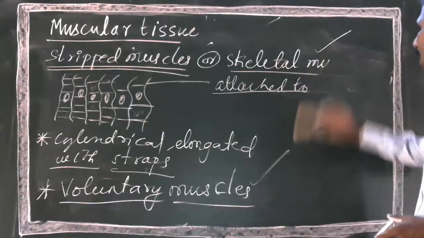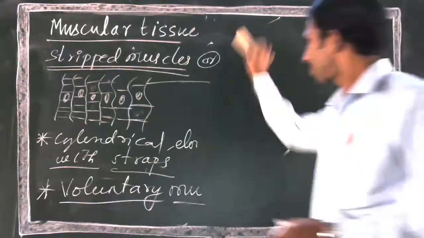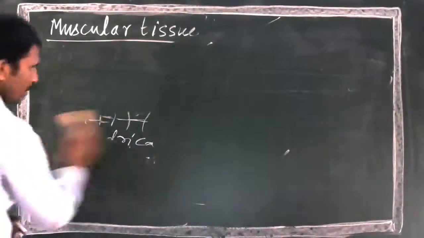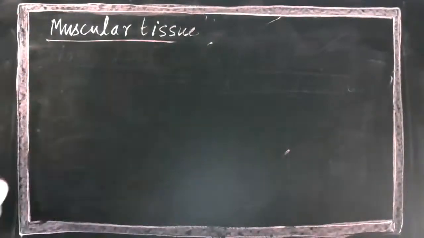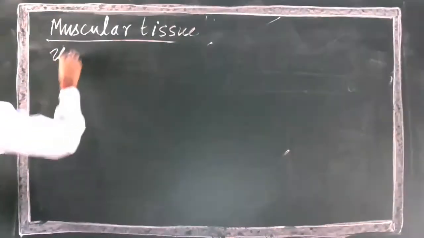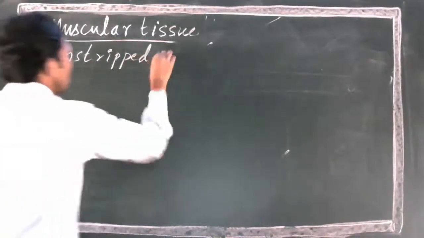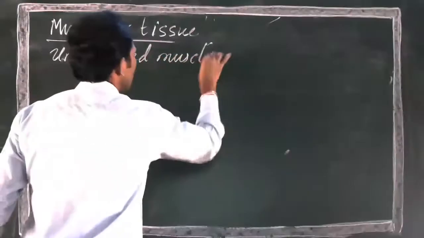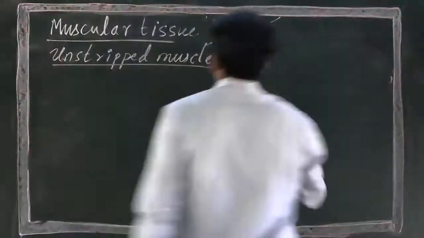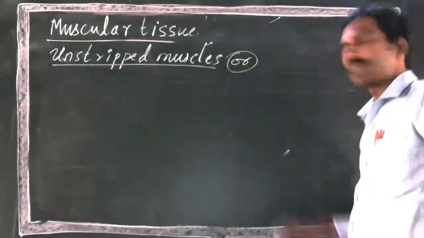So we'll move to the next type of muscle, that is unstriped muscles, or we call it smooth muscle.